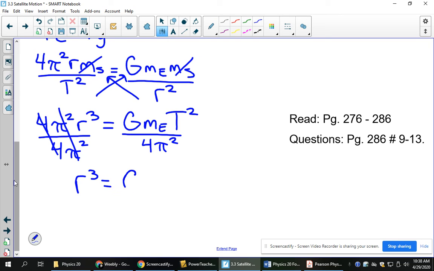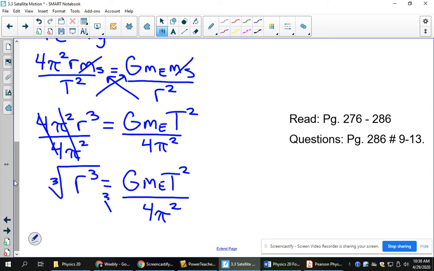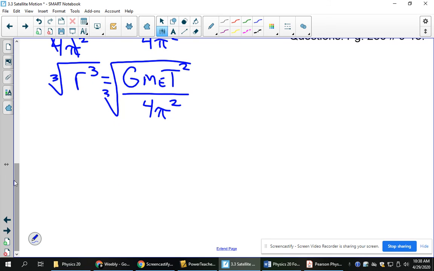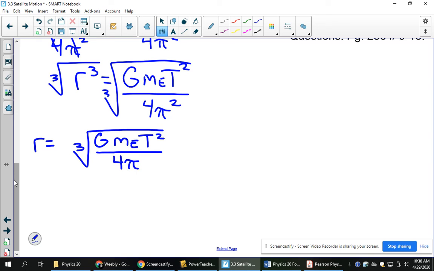R cubed equals all of this stuff. How do you get rid of cubing something? Well, you cube root it. So R is equal to the cube root of g times mass of Earth times period squared over 4 pi squared.